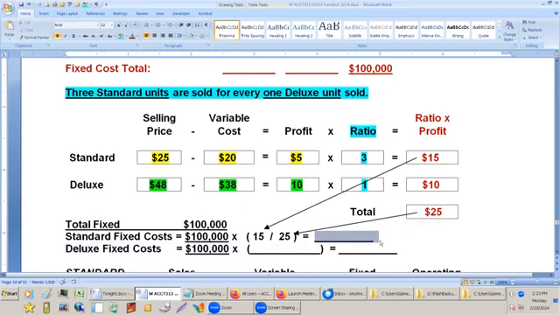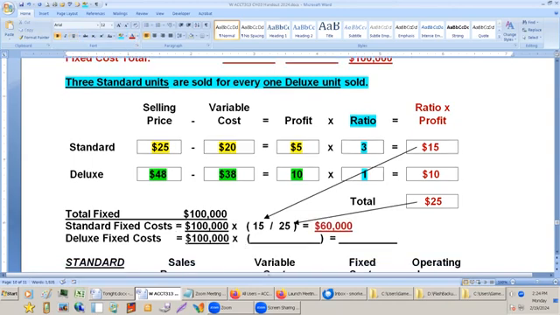Okay, so 60,000 of the fixed cost is going to go to the standard. Now, truthfully, if there's only 100,000 and 60,000 goes to the standard, you can just do the math and subtract out 60 and know that 40,000 goes to the deluxe. But I'm going to go ahead and do the calculations for it.